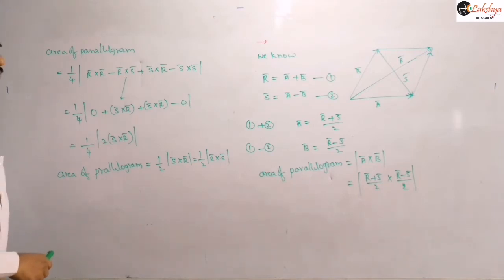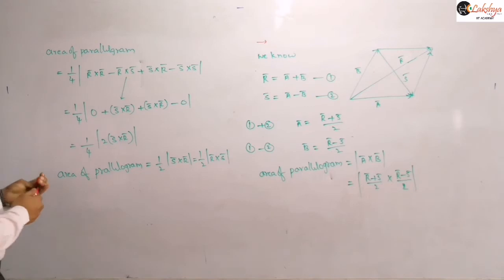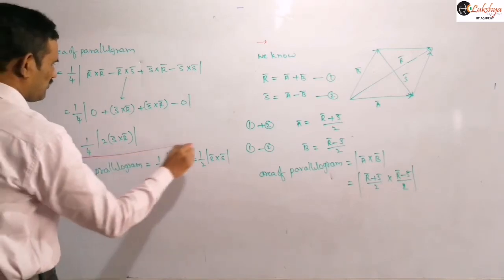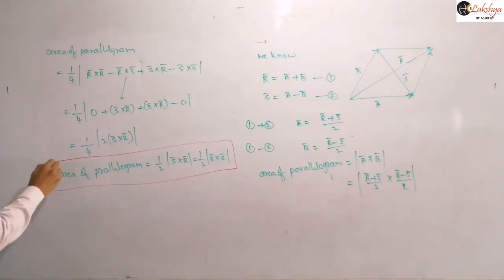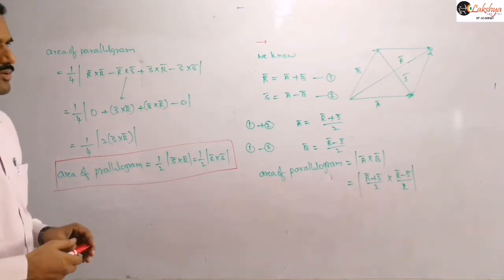So this is the area of the parallelogram when diagonals are given. When two diagonals are given, then half of the magnitude of the cross product of those two diagonals will represent the area.